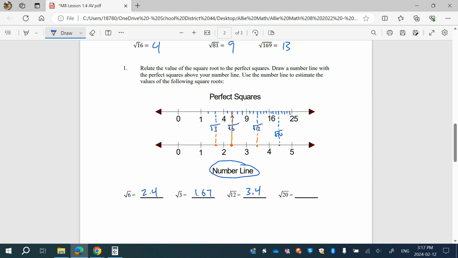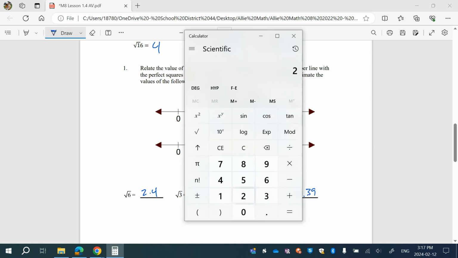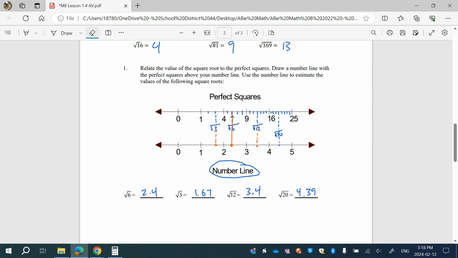Maybe 4 point, I don't know, 39, let's call it. So let's see, square root 20, 4.47. Oh, it's not a great guess. Let me do another one. I was going to do 4.4 again. Maybe I should do 4.45. Okay, not bad. Pretty close to half.